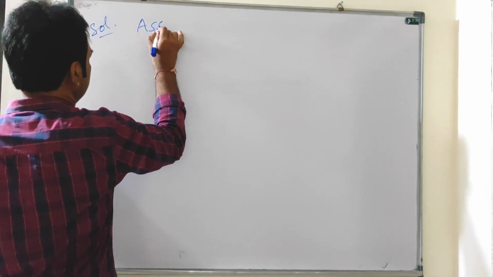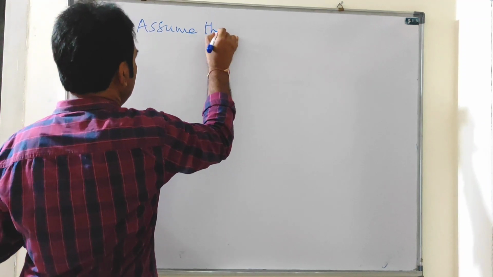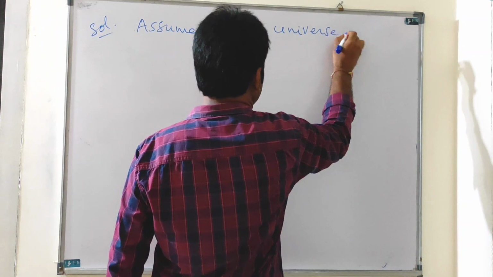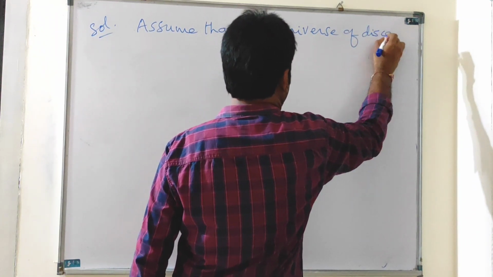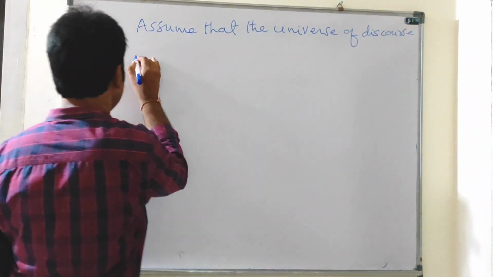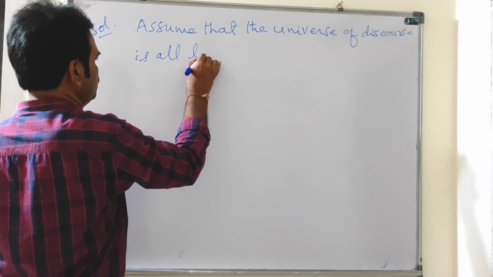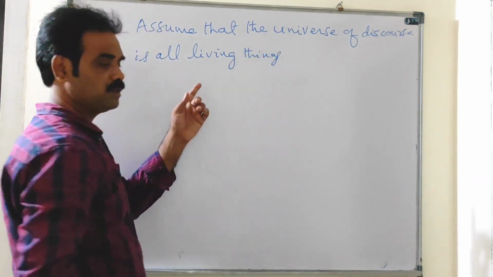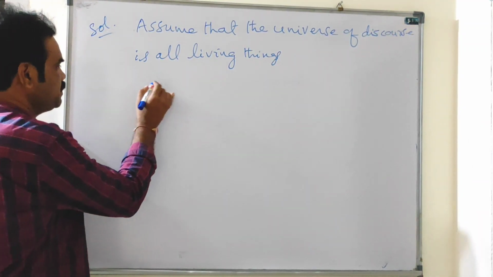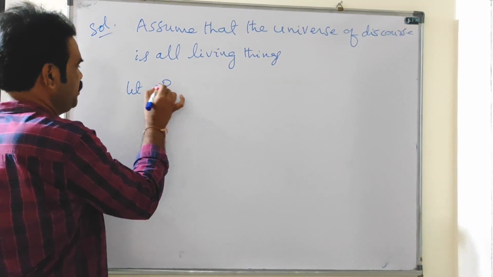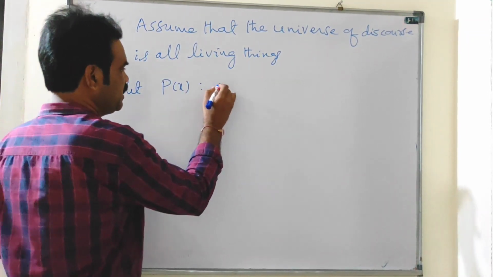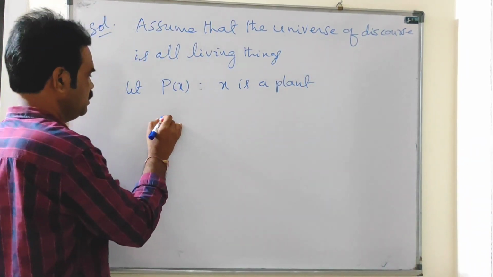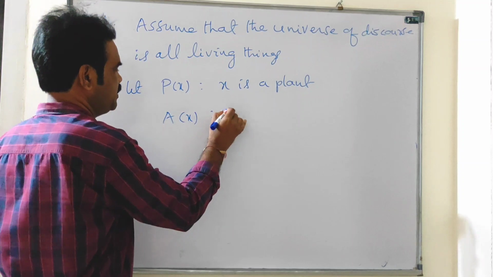Let us assume that the universe of discourse is all living things. Let us represent the statements as follows. Let P of x be the statement x is a plant. E of x, x is an animal.